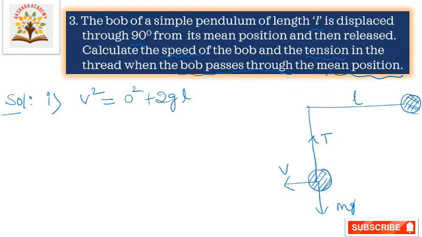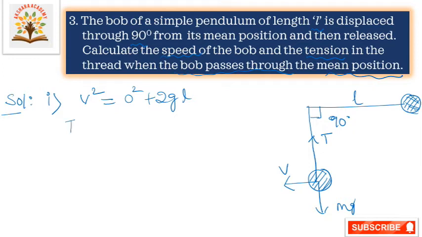Now here a bob of a simple pendulum of length L is displaced through, this is making an angle of 90 degrees from its mean position and then released. We have to calculate the speed of this bob. This is the speed of the bob.